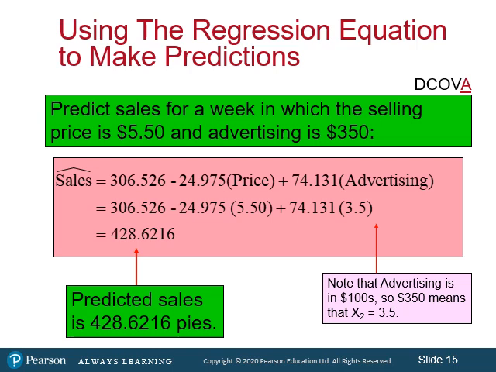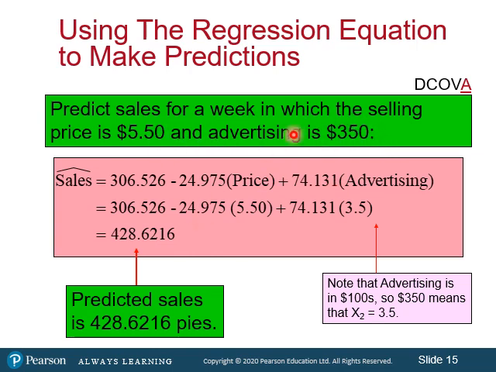What is the purpose of doing this regression equation? We have already covered 15 weeks. We collected data for 15 weeks. We now want to predict the sales value for week 16. So what we will do is plug in the price that is expected for week 16 and the advertising for week 16. Write the equation, and in the brackets we will plug in the numbers.